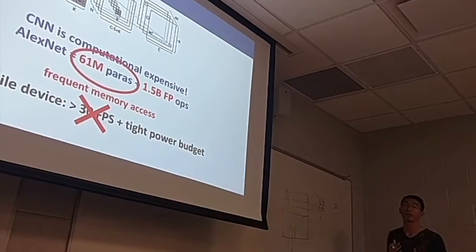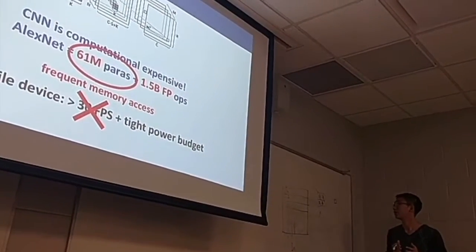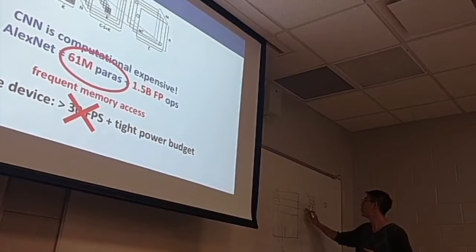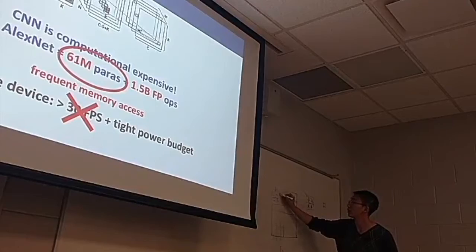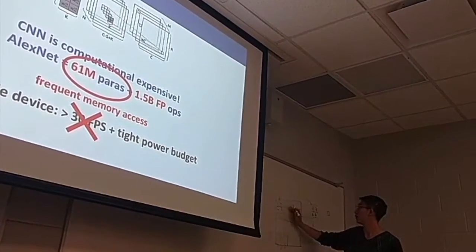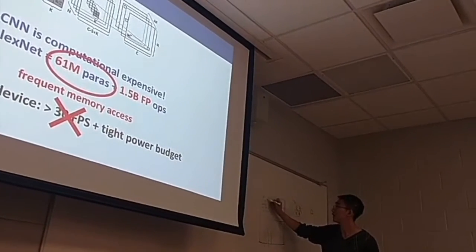Which is one convolution operation, and then you need to move your kernel to the right side.